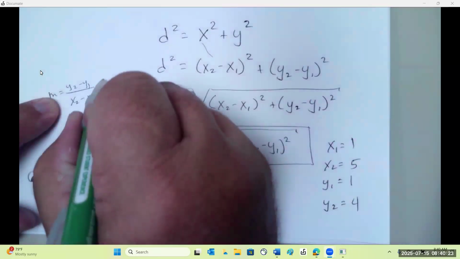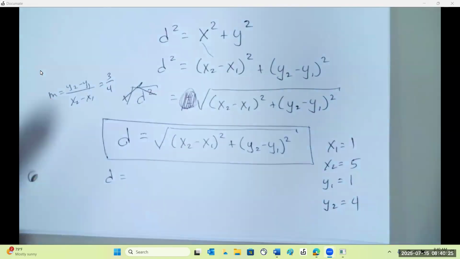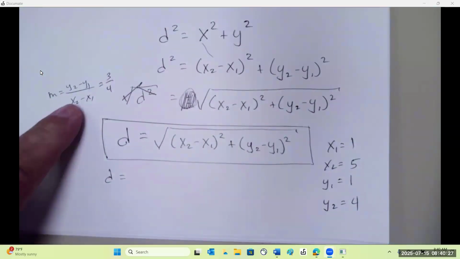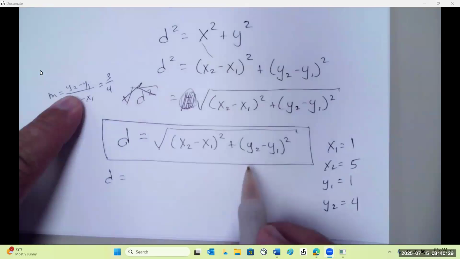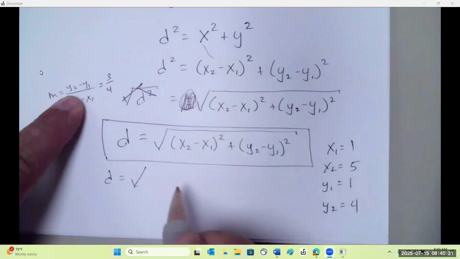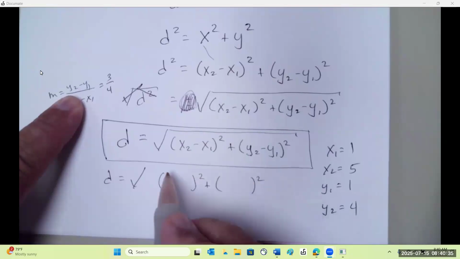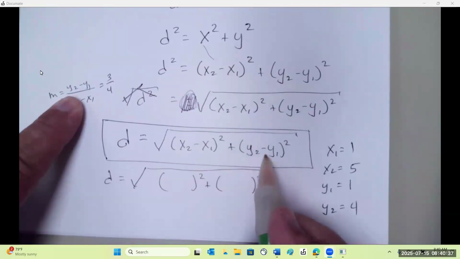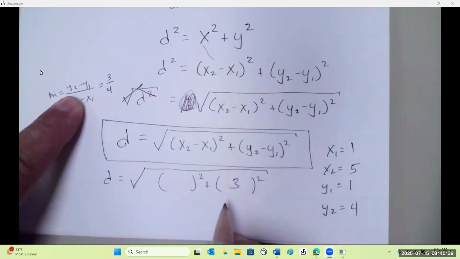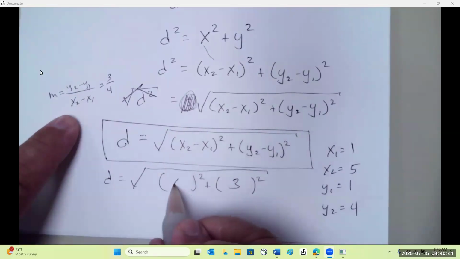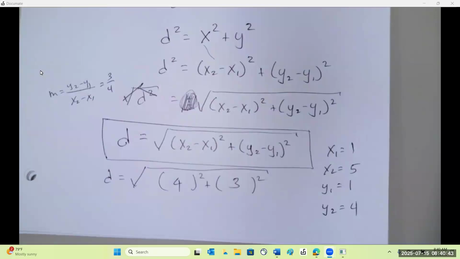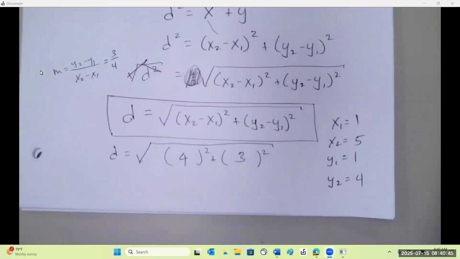So in our slope, we had 3 over 4. The Y2 minus Y1 I know is 3. X2 minus X1 I know is 4. Or you can go ahead and plug them in there if you want.